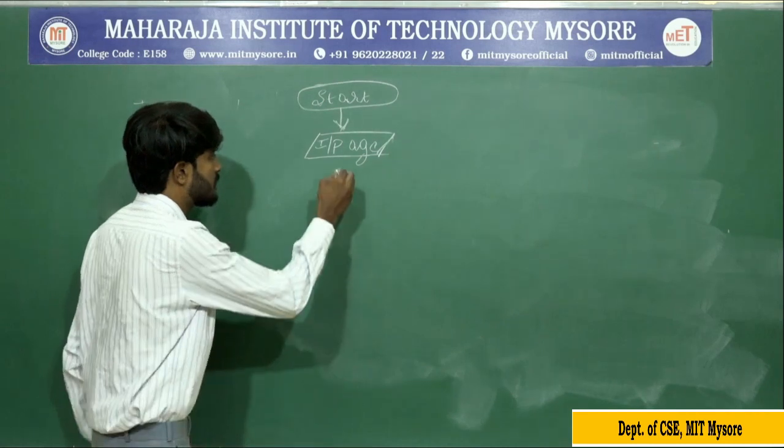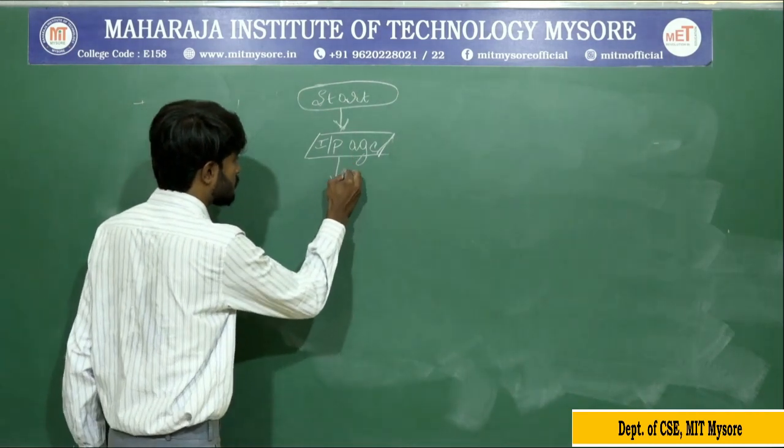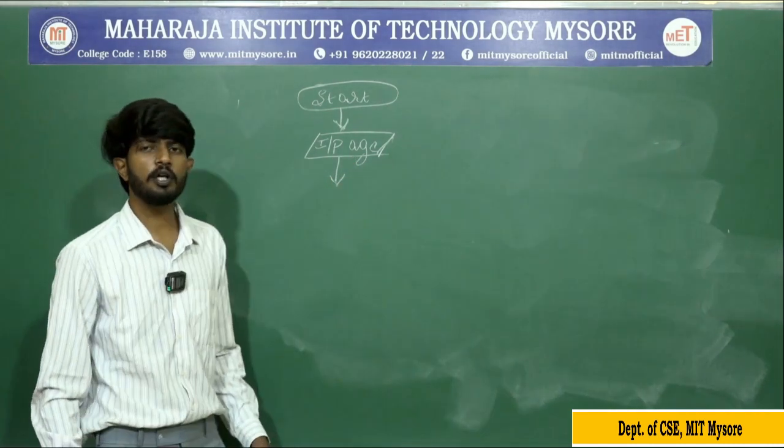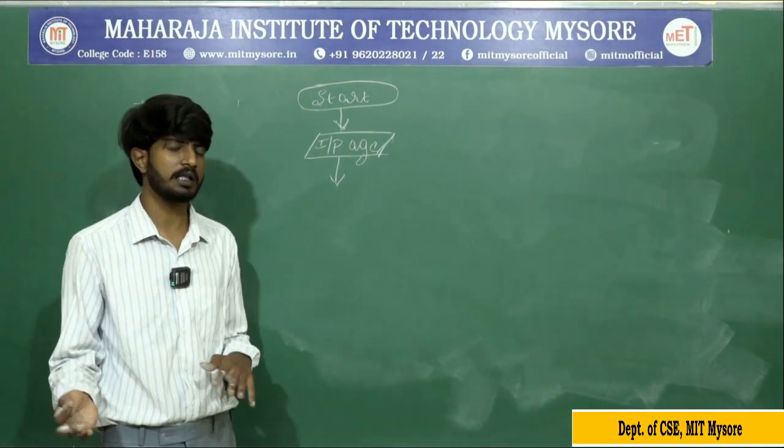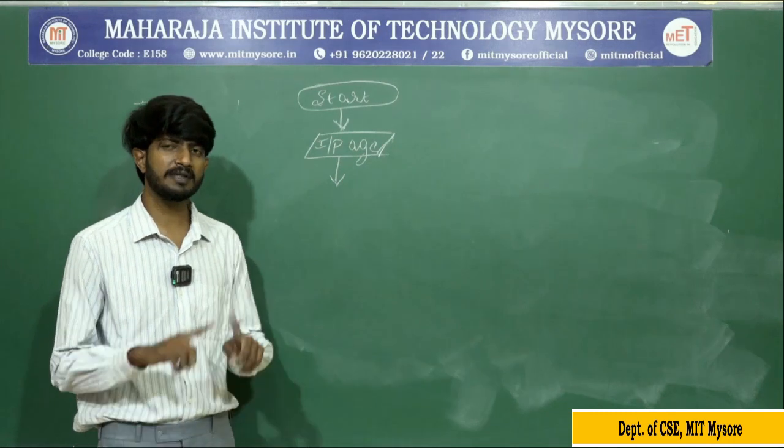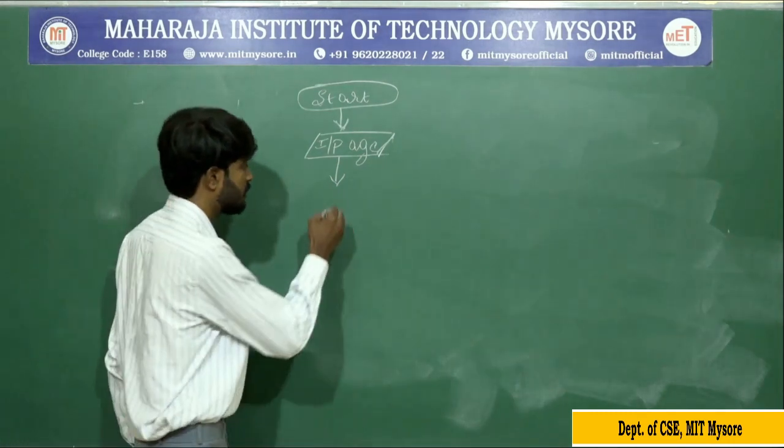Next, we are going to check if the age of the student is greater than or less than 18. For this we are going to use the diamond shape for decision making.